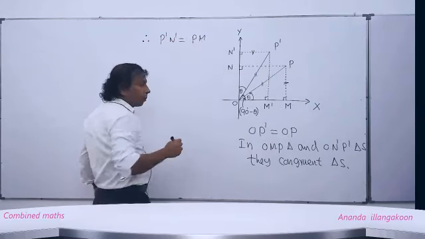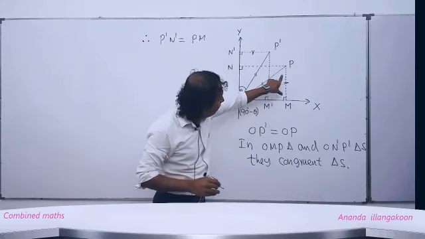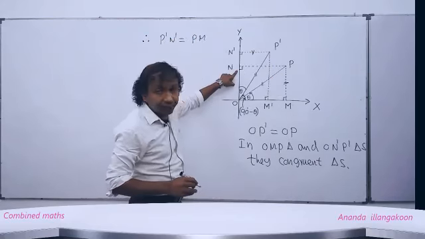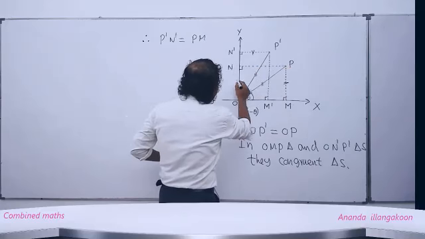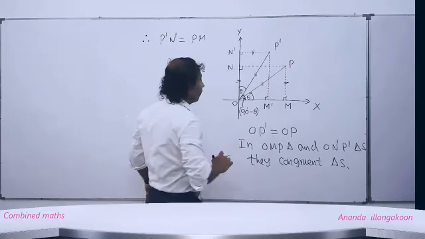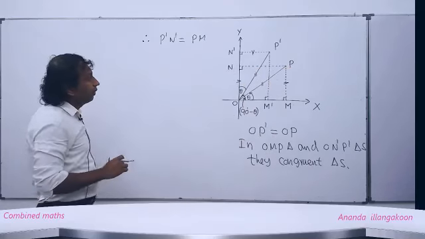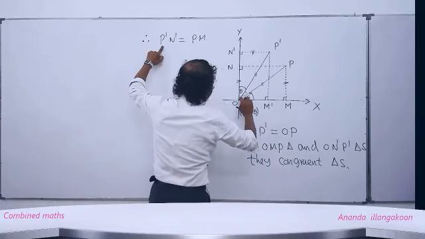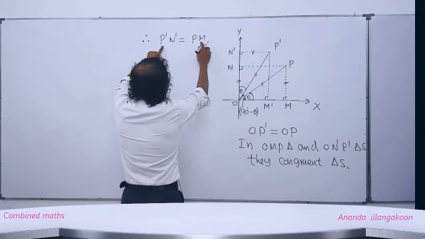Right. But people, this PM is equal to this ON. Why? OMPN is a rectangle. In a rectangle, the opposite sides are equal. Therefore, these two sides are equal. Then for this MP, we can write ON.